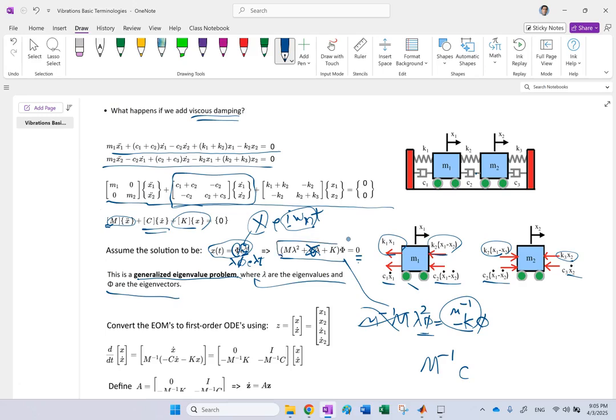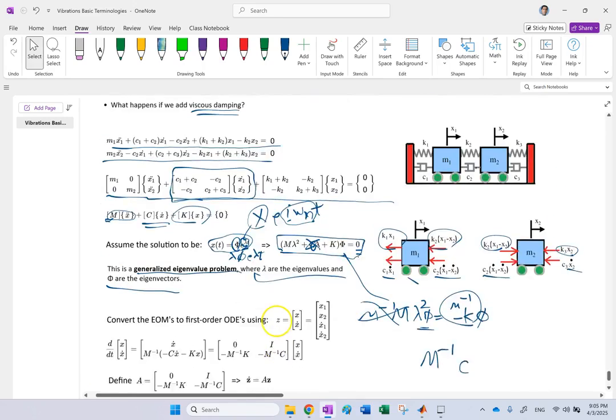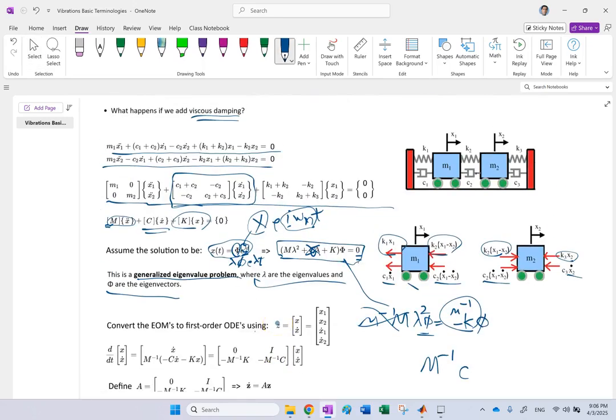But instead of solving this, which is not trivial, the best way to handle it is to convert your governing equations into first order ODEs. Like when you want to numerically solve them with ODE45 in MATLAB, or when you want to do state space control, you pick some dummy variables and convert these 2 second order ODEs into 4 first order ODEs.